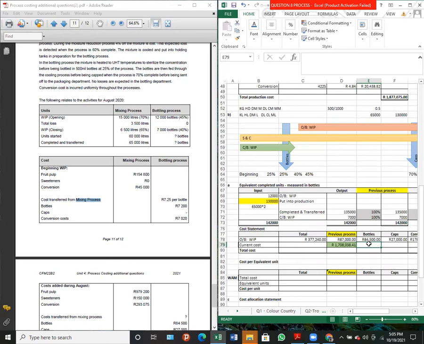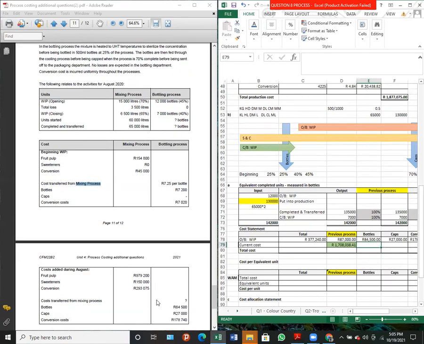And then the current cost. We are using here, guys. This should be here. This, and then this should be here.